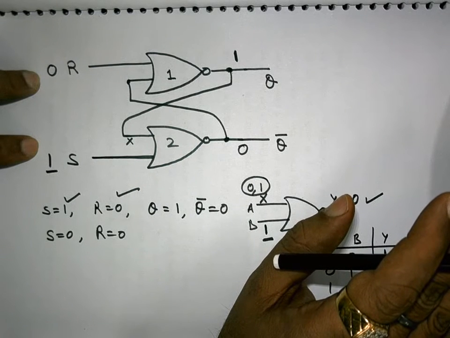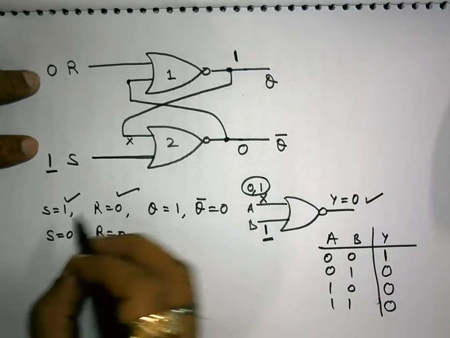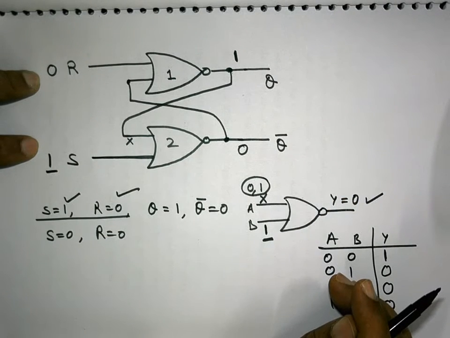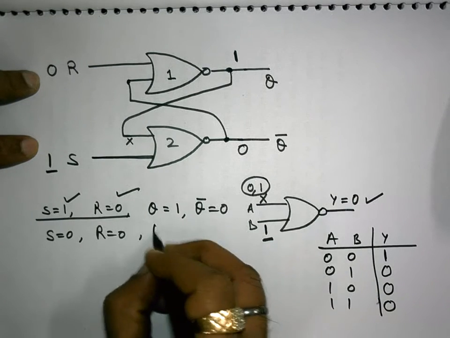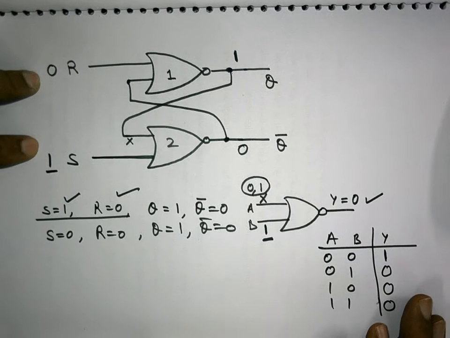This means this circuit has memorized what has been given to it in our previous input application. So, the output in this situation will also be Q equal to 1 and Q bar equal to 0. Getting my point? Okay. So, this is acting like a latch, like a mechanical latch.